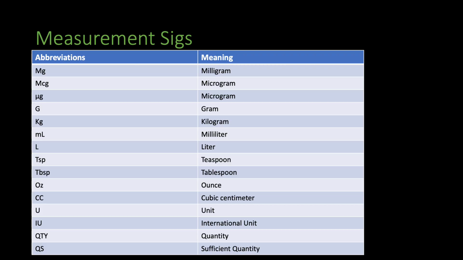However, sometimes it's still used in practice. But pay attention to this unit. A lot of times you'll get a prescription regarding an insulin medication, and you need to understand units here. So note that. And then QTY is quantity, and then QS is sufficient quantity.